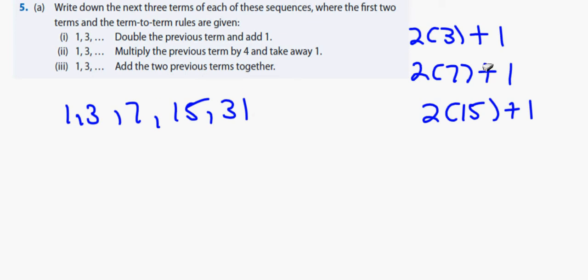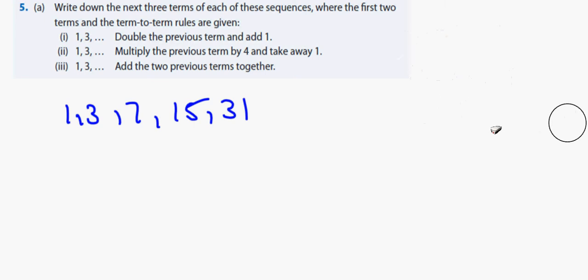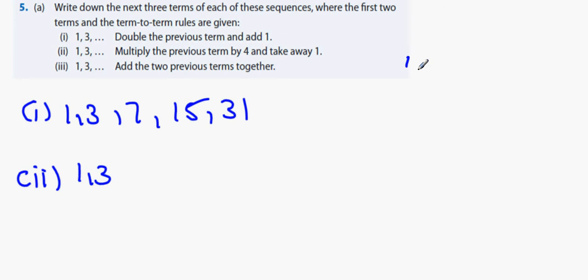Next one. Multiply the previous term by 4 and take away 1. So 1, 3, multiply 3 by 4 and take away 1. And what we get there is 11. Next one, multiply 11 by 4, take away 1.